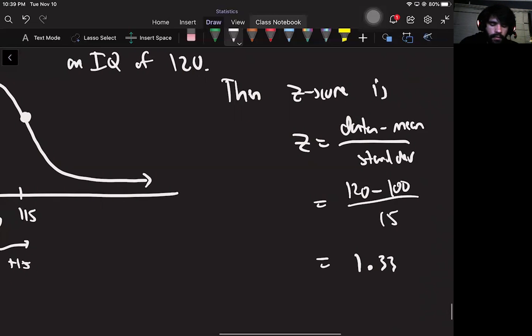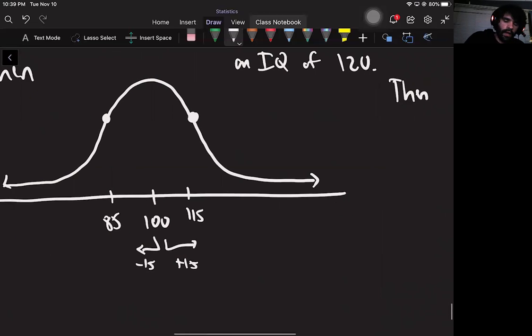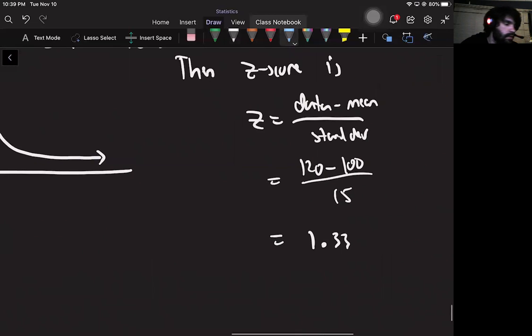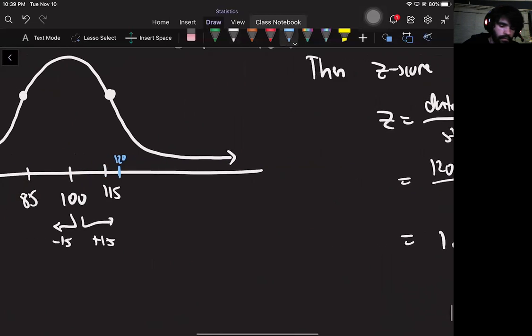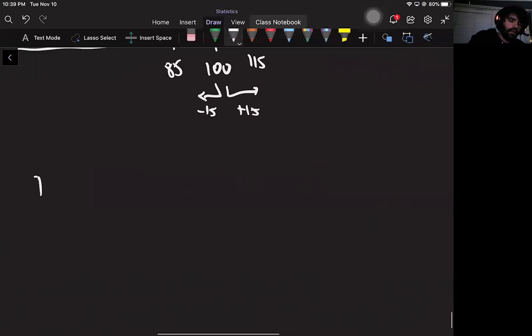So the idea is I can think of 120 as, I guess it would be right about here maybe. But I can also think about it as a z-score. Then I can ask a question like this, and the z-score will help me answer it.